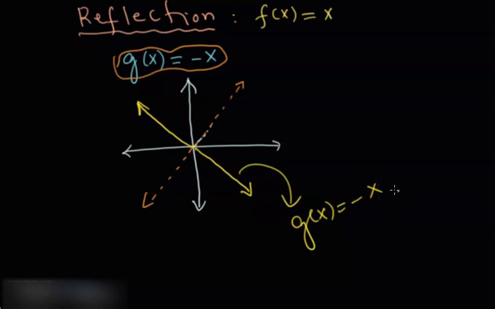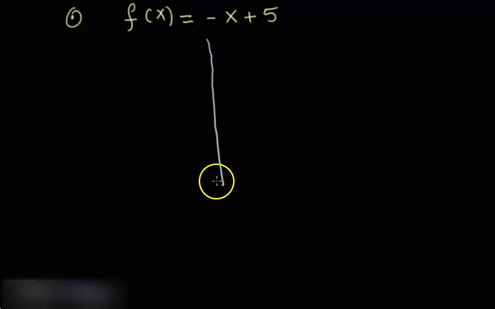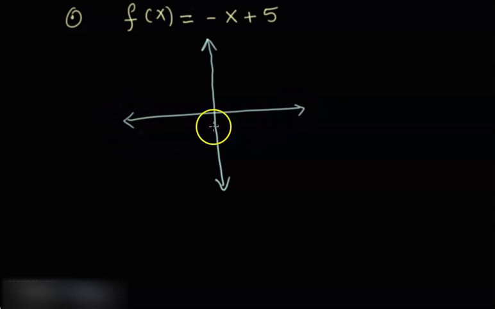Now you can talk about reflection and shifts together in the linear case. For example, if you are asked to plot f of x equal to minus x plus 5, basically there are two things, one is the shift and the other is the reflection.